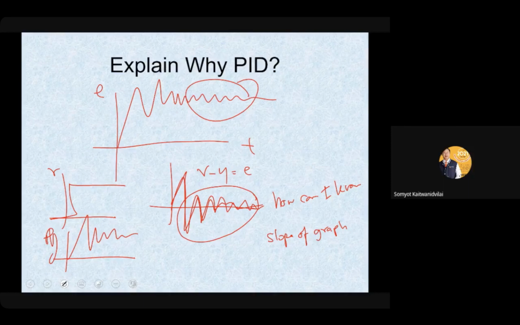The slope means differential. So you can say dE by dt is the slope. If you capture the slope and multiply it by KD, your controller will damp this. For example, before adding D it looks like this, after adding D it becomes like this.